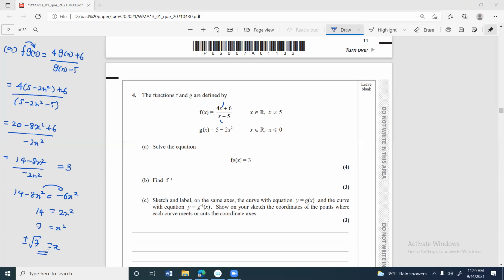Sorry, I made a mistake. This is not 14, this should be 26, hopefully. That's what I was wondering, some kind of weird answer came. 26, and this is 26, and this should be 13, and this should be plus or minus root 13. This is a mistake I made over here.